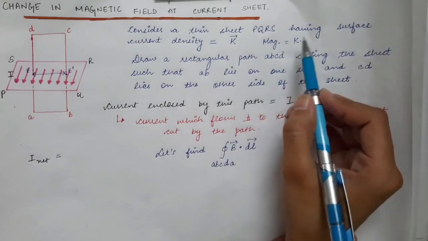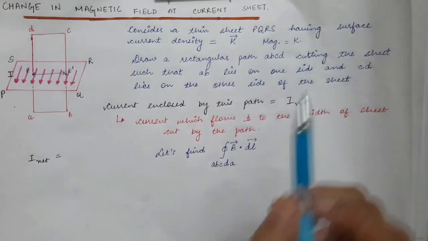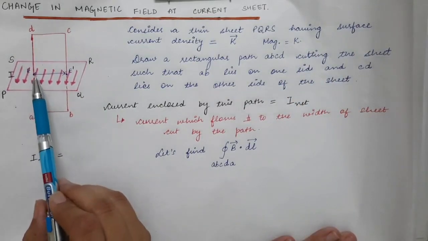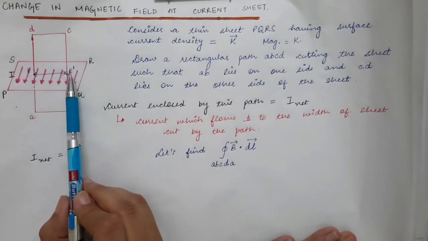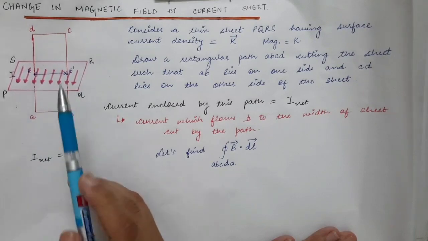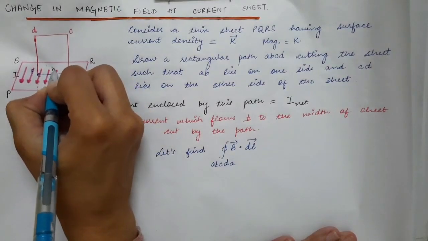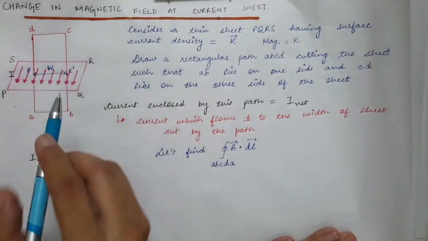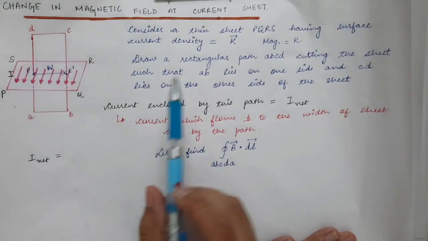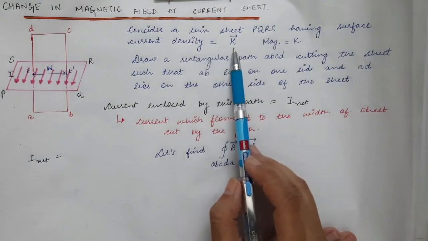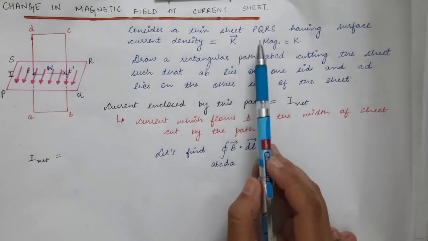So over here the width is given by E prime, and let's say this E prime width is equal to W. This is the width of the sheet which is cut by this path, and surface current density is the current which is flowing per unit width.